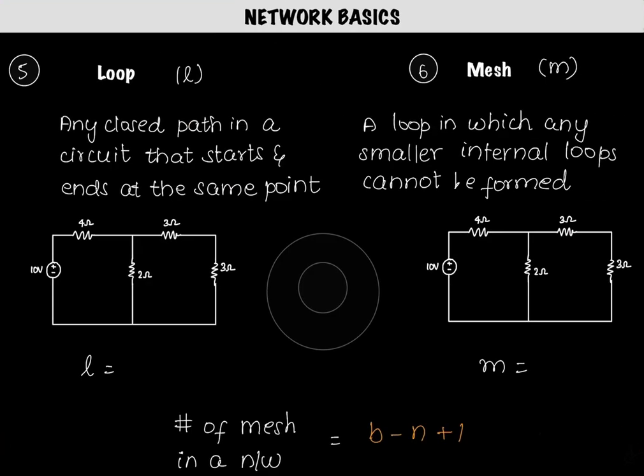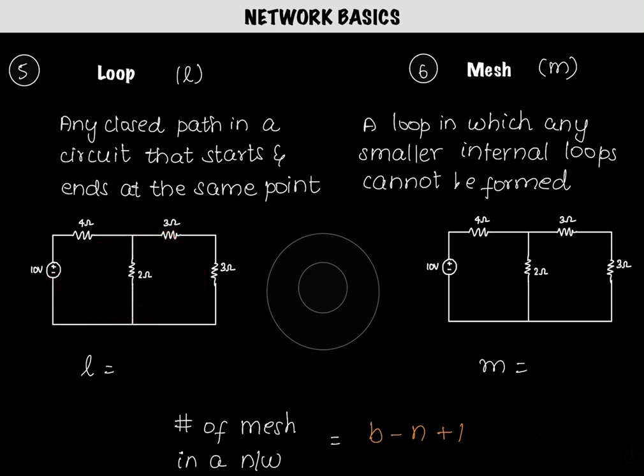The next terms that we are going to look at are loop and mesh. We have a closed path in a circuit, as we have already discussed. Any closed path in a circuit that starts and ends at the same point is termed a loop. For example, in the circuit we have loop 1, loop 2 and loop 3, right?